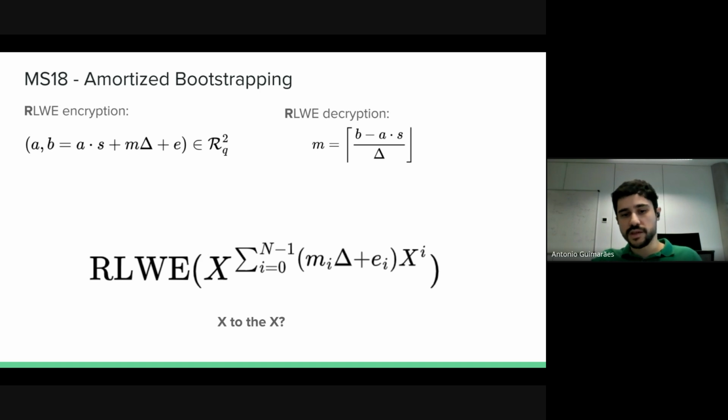Let's try to improve this a bit before we continue, because now we have two rings. Before, we were decrypting LWE samples, which are defined over the integers, using RLWE samples, which are defined over some polynomial ring. Now we are working with two polynomial rings.